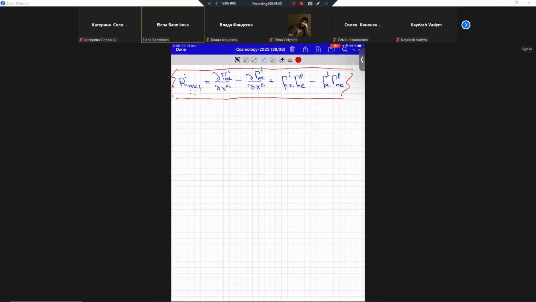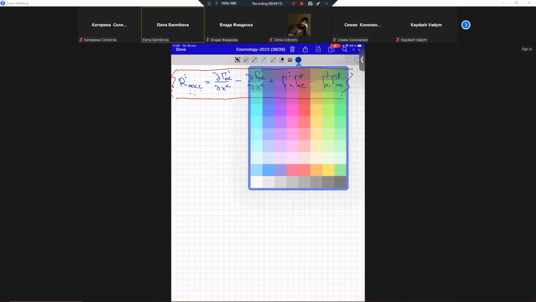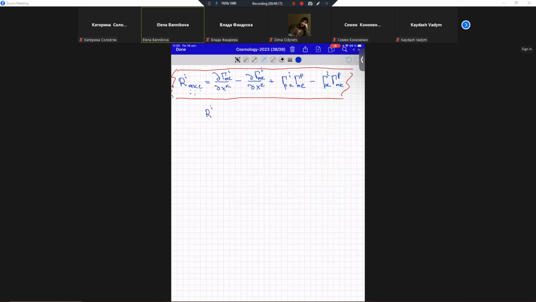If we apply, for example, to the blue one, and what is also important, this is a tensor of the fourth rank, because this tensor has 4 indexes.